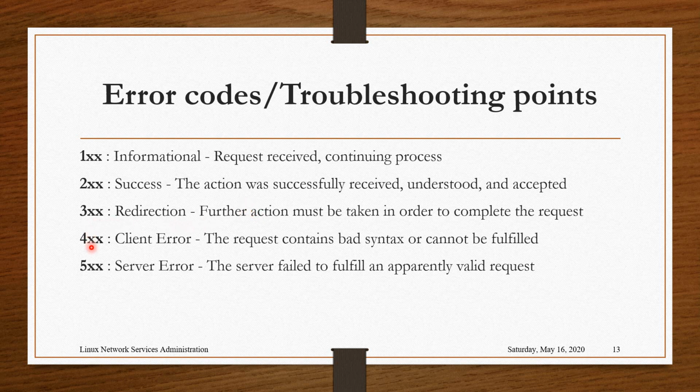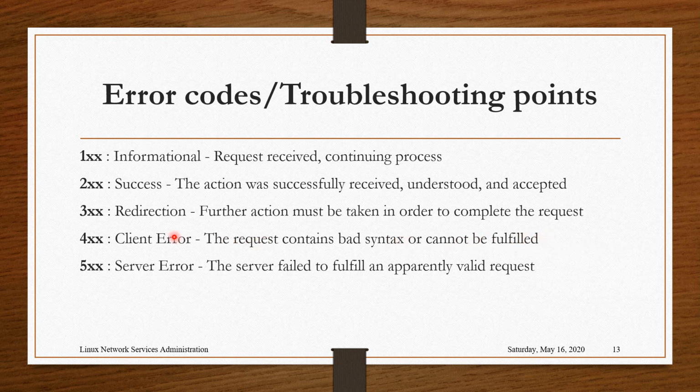And the numbers starting with 4, which can be 400, 401. This means client error. This error is related to the client. The request contains bad syntax or cannot be fulfilled.